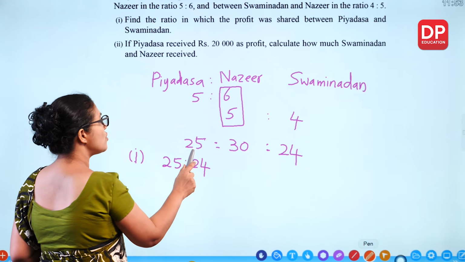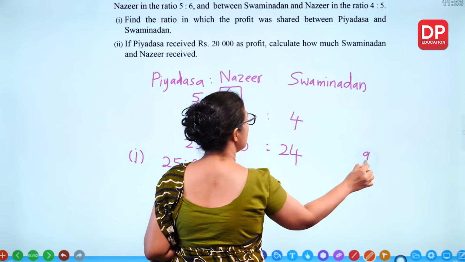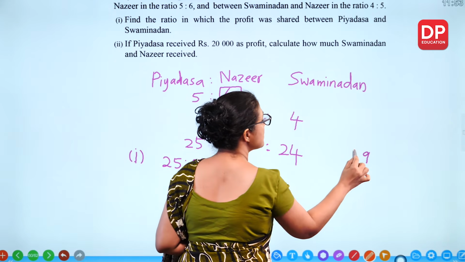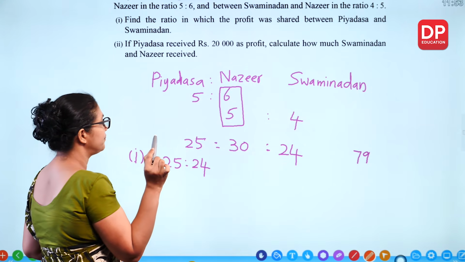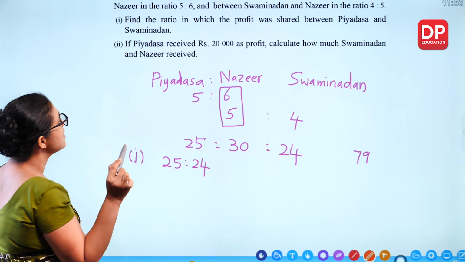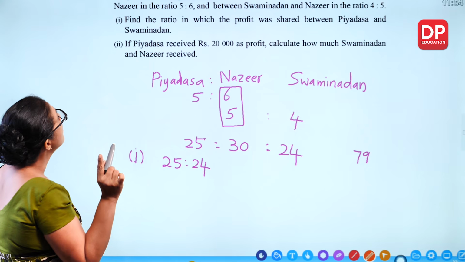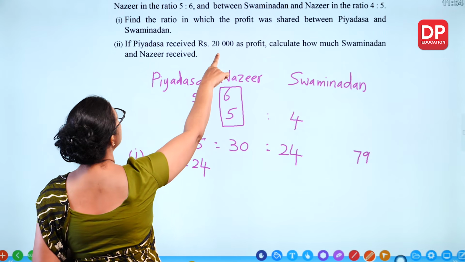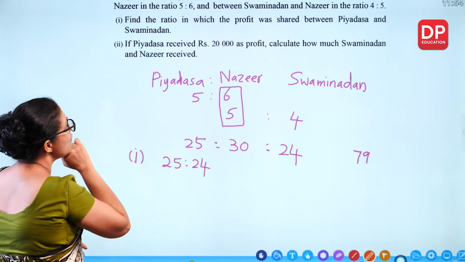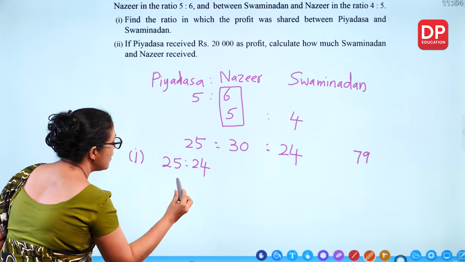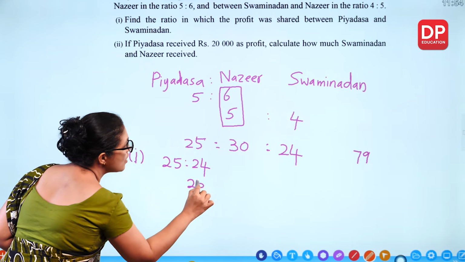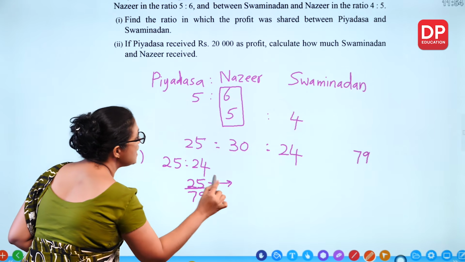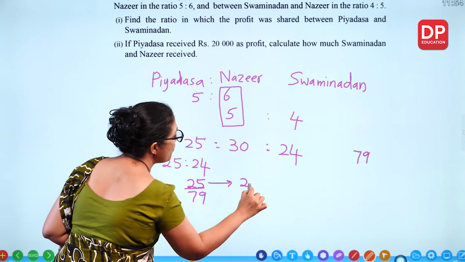When you add it, you get 9 here, and 2 plus 2, 4, 4 plus 3, 7, 79 altogether. So out of 79, here this is not the total profit. 20,000 means Piyadasa received. Which one is Piyadasa? 25. So as a fraction, 25 over 79. So this means 20,000 rupees.